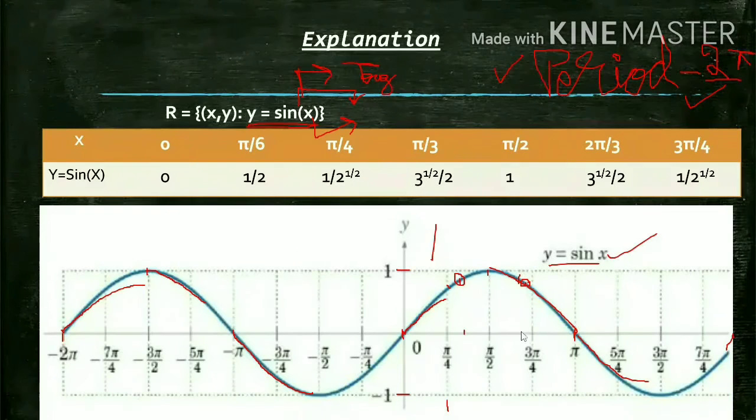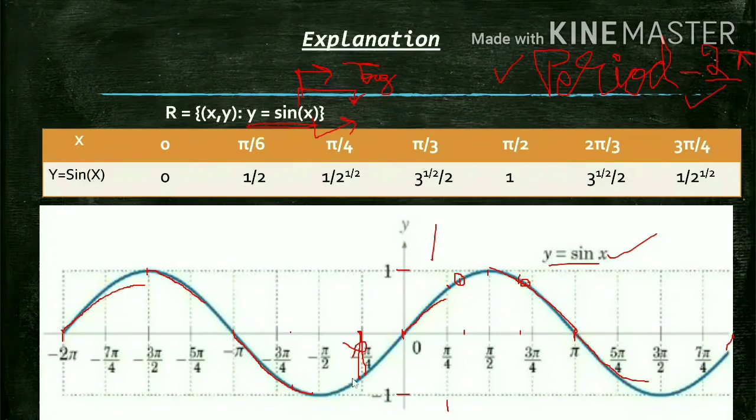First component means the points on this x-axis. If I consider any point, do I have two different images? No, I just have a single image, right? So this is not the case over here.